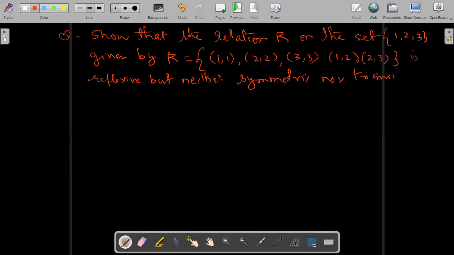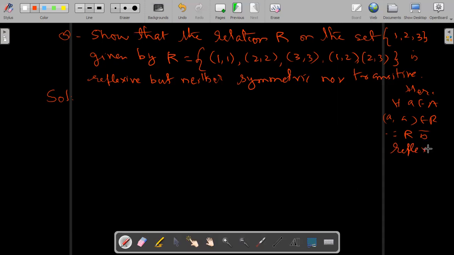One more thing you have to check: it is not necessary every time to take each and every element, but here it is the start, so we are taking them. If it is reflexive, we can directly write from the definition that for all a belongs to A, (a, a) belongs to R, therefore R is reflexive.